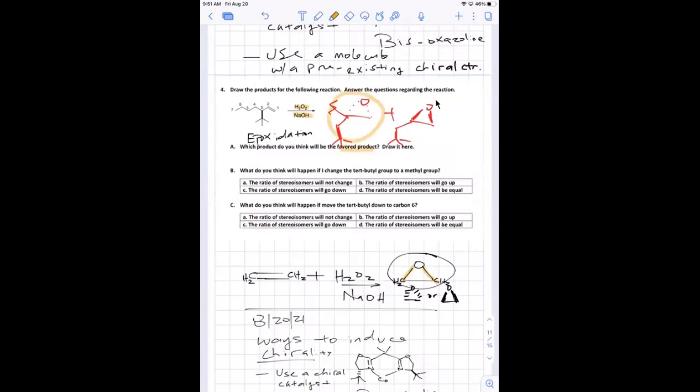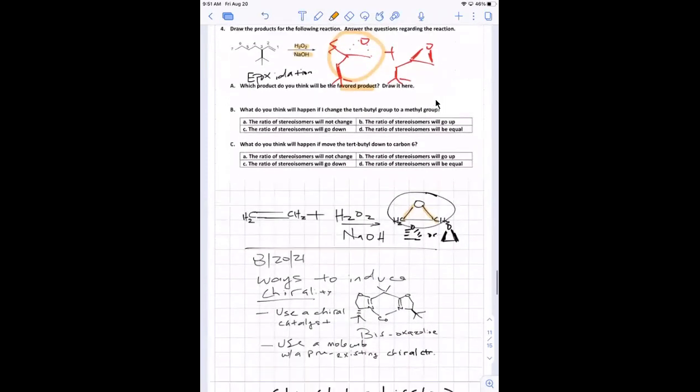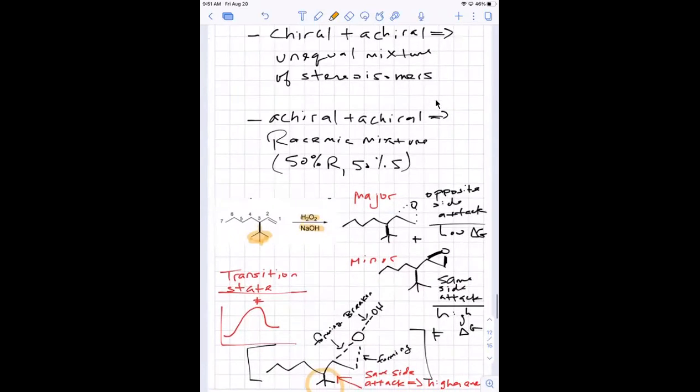All right. And then it says, what do you think will happen if we change the tert-butyl to a methyl group? So we make it something smaller. What do you think will happen to that ratio of major to minor? Let me put some numbers in down here. Let's say you get 85% of this, and these are arbitrary, and 15% of that.